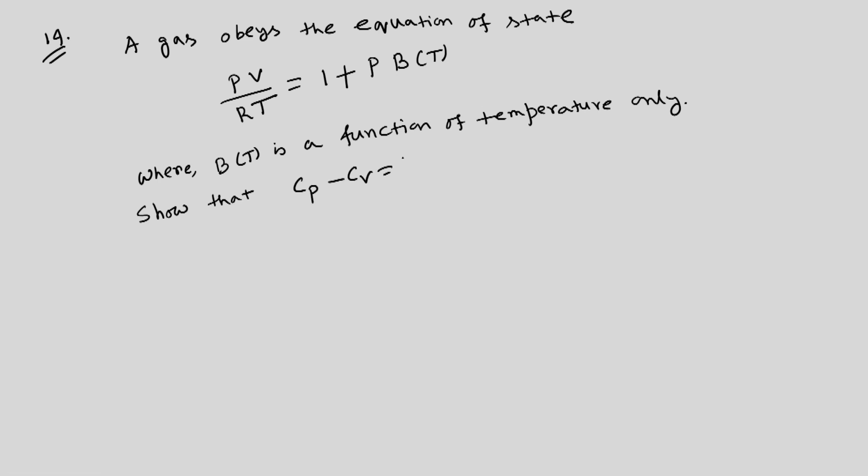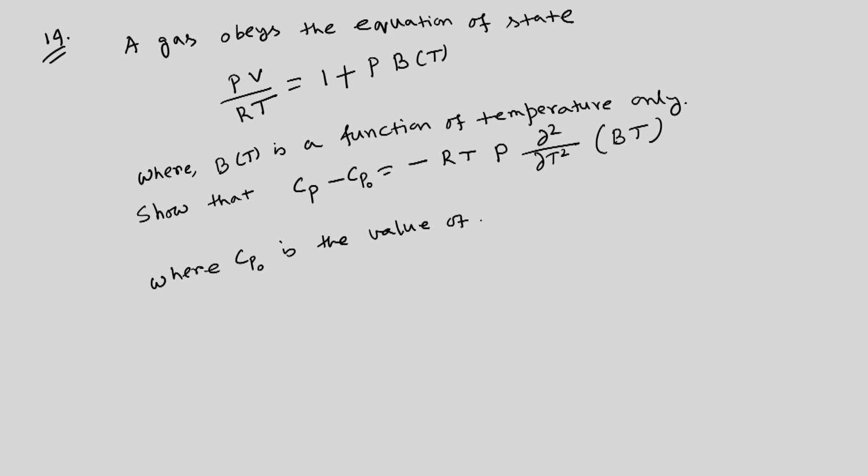So that Cp minus Cp naught equals minus RTP times del squared by del T squared of B(T), where Cp naught is the value of Cp at some reference temperature.